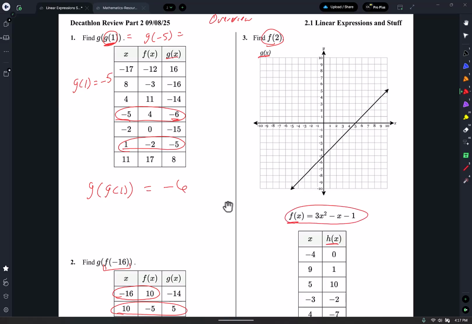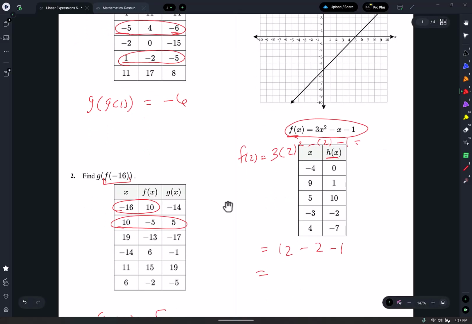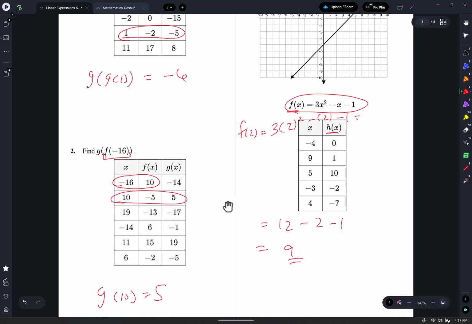F of 2 equals 3 times 2 squared minus 2 minus 1. 2 squared is 4. 4 times 3 is 12. Minus 2 is 10. Minus 1 is 9. So f of 2 is nothing more than 9. Is this making sense, guys?